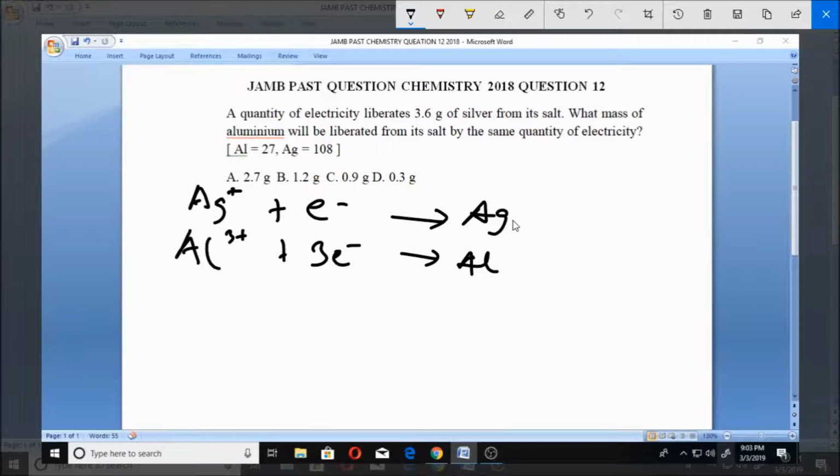So silver needs 1 mole of electrons, while aluminium needs 3.